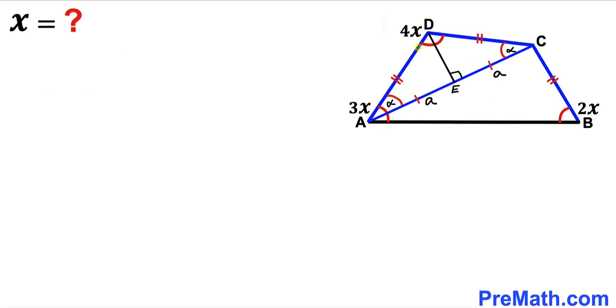We know this whole angle is 4x, and since these are congruent triangles, this angle is going to be half of 4x, which is 2x, and likewise this angle is going to be 2x as well. In this next step I have dropped this perpendicular CF on side AB.